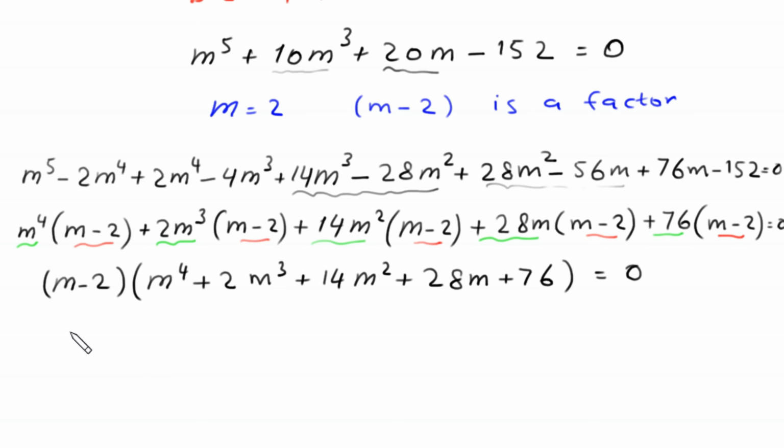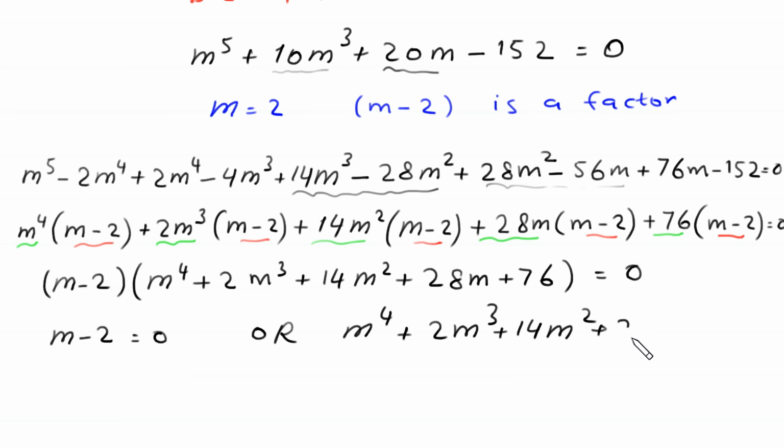From here either this expression m minus 2 is equal to 0, or this expression m to the power 4 plus 2m cubed plus 14m squared plus 28m plus 76 is equal to 0.